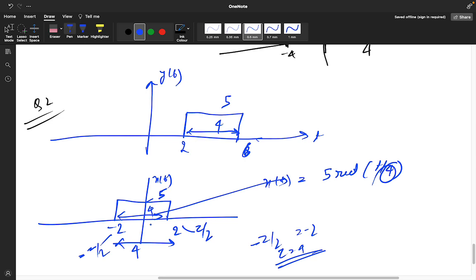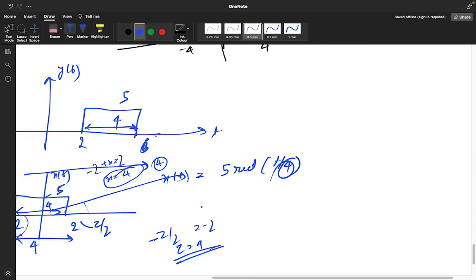So how much shifting is there? When will -2 become 2? When we add 4. When will 2 become 6? When we add 4. Then only this particular graph is shifting towards the right side.